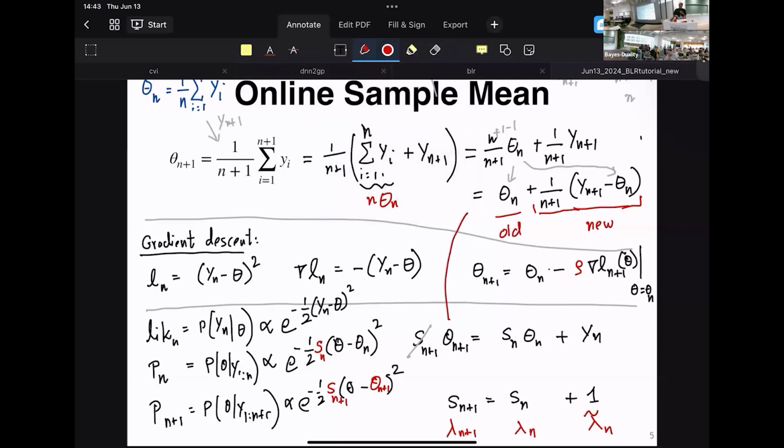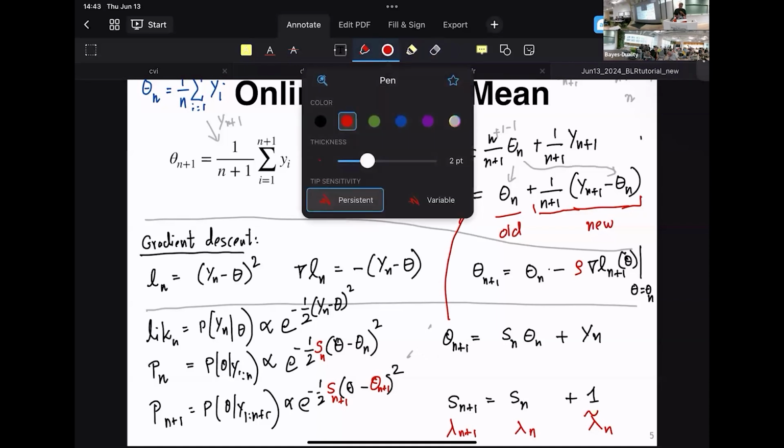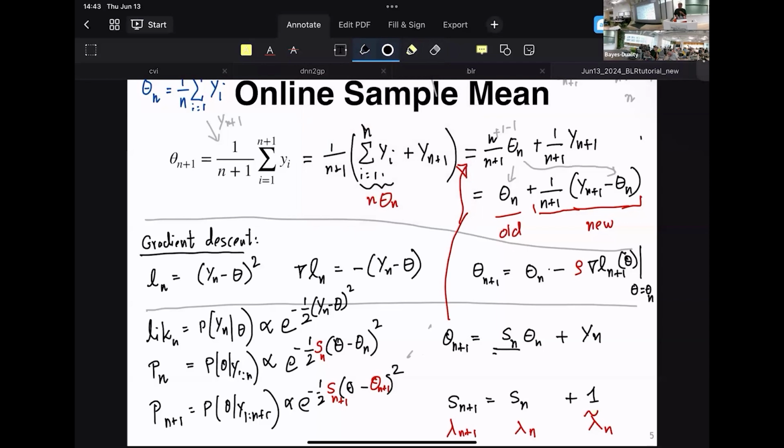what's written here, maybe this version. Let me just finish writing this one, and then we can make those comparisons. So I'm basically saying this is Sn+1, this is 1 divided by Sn+1, and you can see that if you set Sn equal n, then you will recover that.